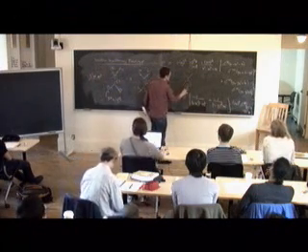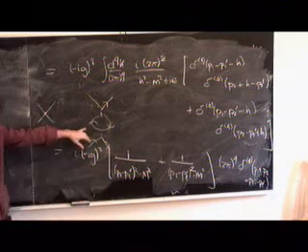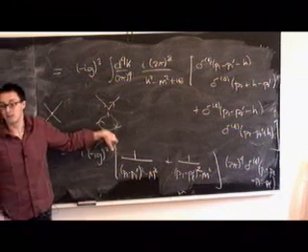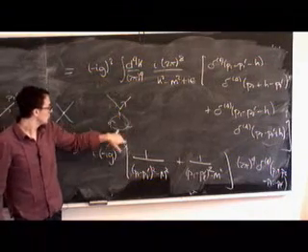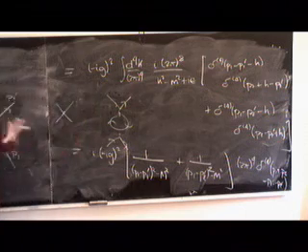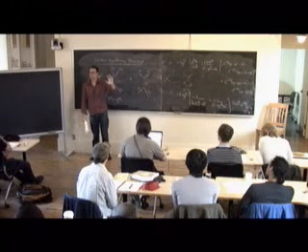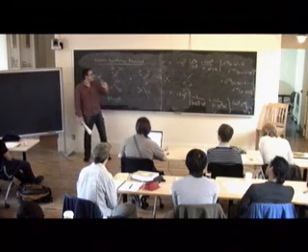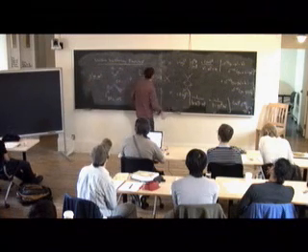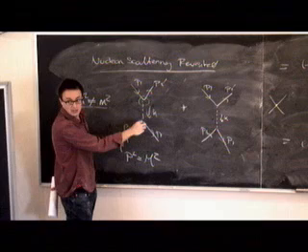There's one last thing I want to say, sorry, I know I'm running on. There were diagrams like this, which I told you would be suppressed because they're order g to the 4, in this case 1, 2, 3, 4 vertices. And it's true, they're down by g to the 4, but there's a coefficient in front of them which is infinite. It's infinite because here we have to integrate over the momentum of all possible internal lines.